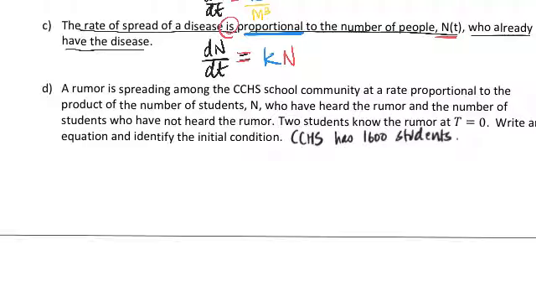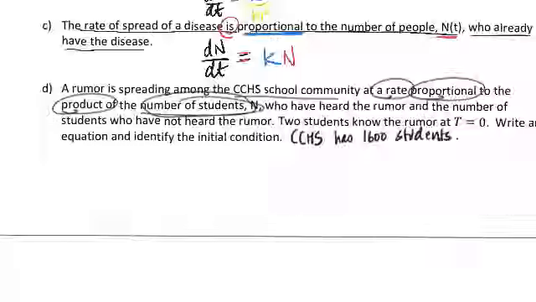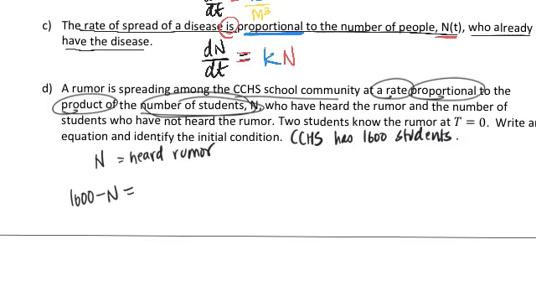Okay, so read this. Rumor is spreading among the CCHS school community at a rate proportional to the product of the number of students n who have heard the rumor and the number of students who have not heard the rumor. So first thing to realize is if n students have heard the rumor, then 1,600 minus n will be the number who have not heard the rumor.